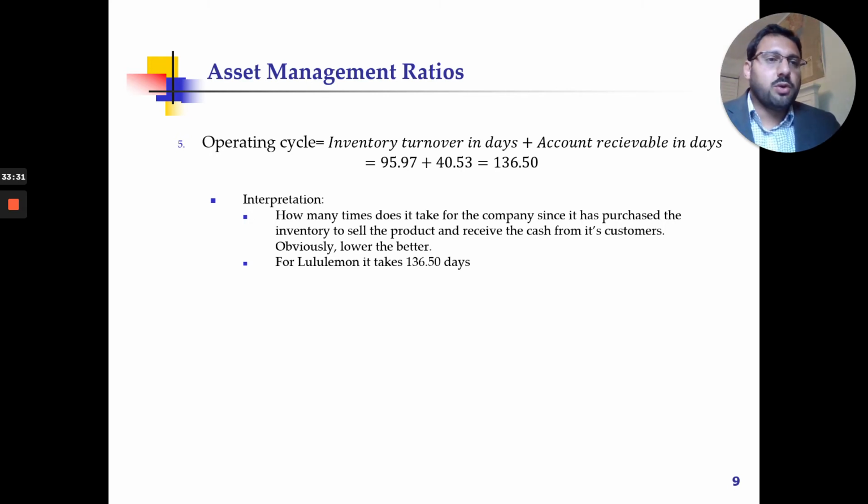Plus, let's suppose those $30 worth of things they have sold on credit terms, and they are not receiving the cash, and they are able to receive the cash back from the customer in 20 days, then in total the operating cycle is 50 days. So 30 days is the time during which they are able to sell the current level of inventories, and then 20 further days in which they will be able to receive the current level of receivables back from the customers, that makes up 50 days.